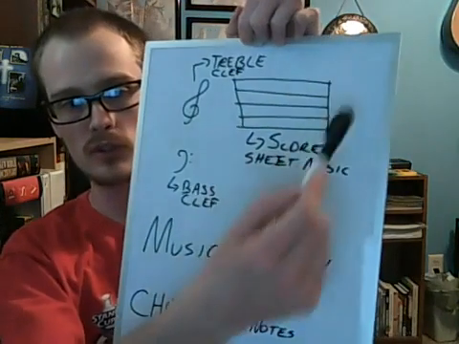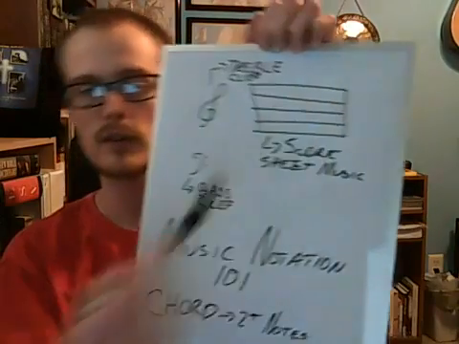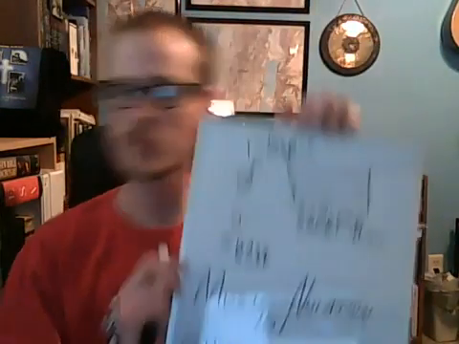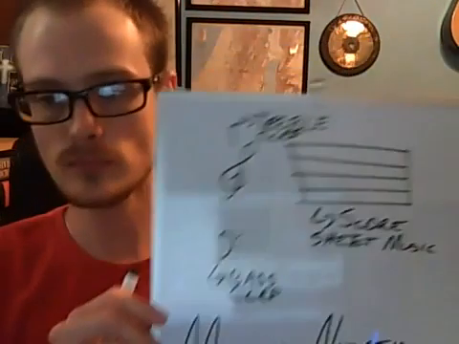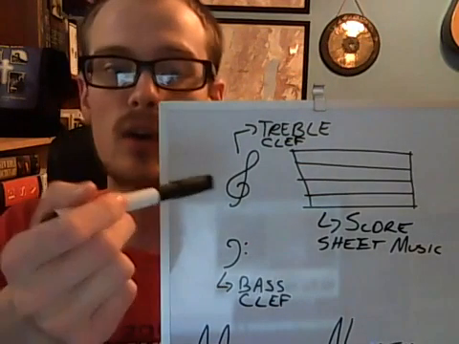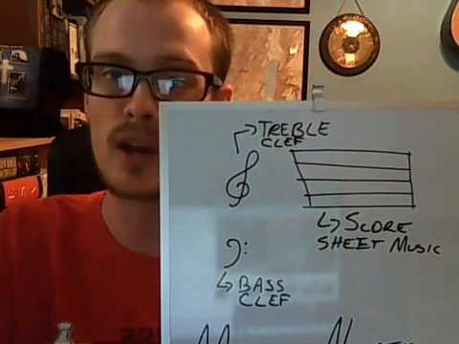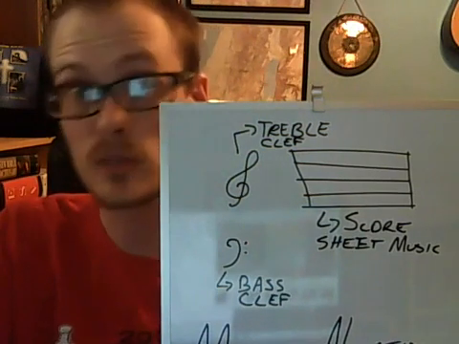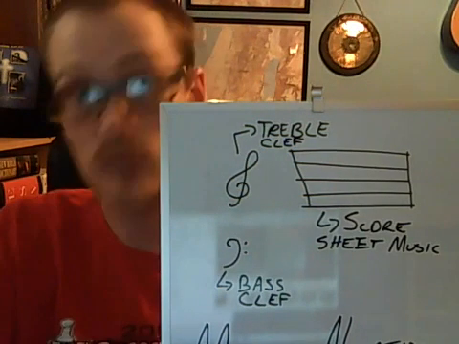So we record these notes on this, which is called sheet music or a score. This helps us read and understand musical ideas. This is how, when you read a book, you have words which make up sentences, which make up paragraphs, which make up chapters, and so on.